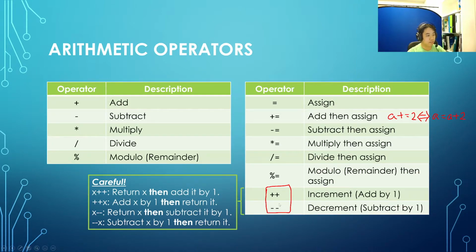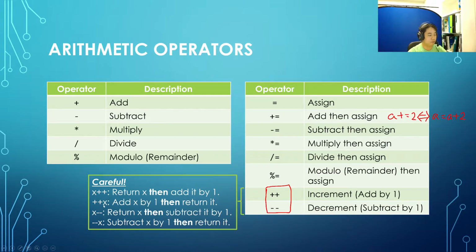One thing you need to be careful about, as usual, is the difference between prefix and postfix operators, or how should I say it, the prefix and postfix formats. Basically, where you put your variable really matters. So x plus plus, for example, you put the x before the plus plus. This means you return the original value of x, then you add 1 to it.